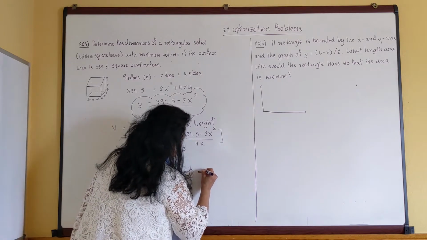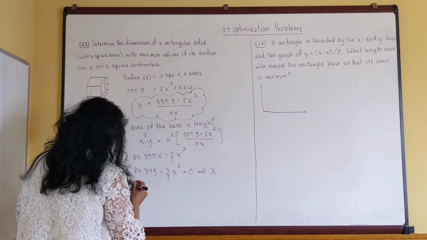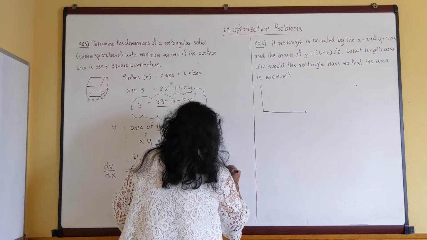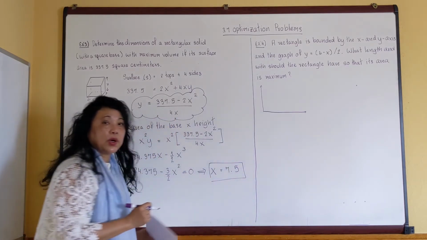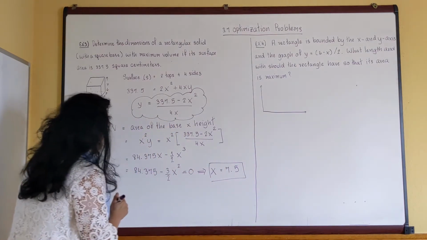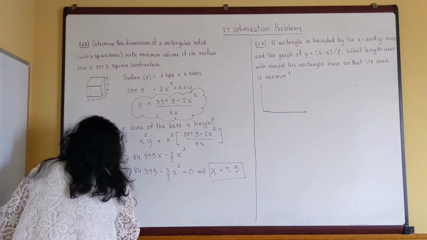So if you solve for x, you should get x equal to 7.5. Alright, this is your critical number. Now I'm going to use the second derivative test. Take the derivative again of this.